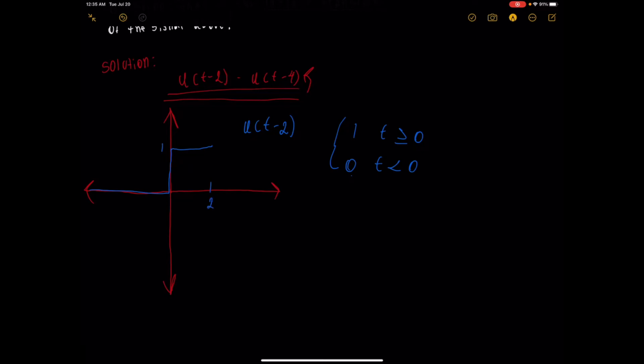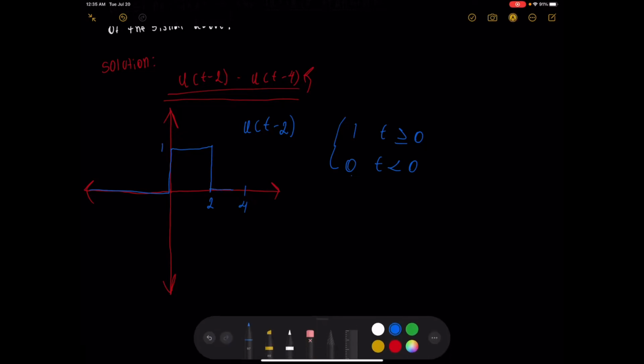So it hits 2, and then over here we have that it hits 4. So for u of t minus 4, actually, so what we have here is this, and let me switch colors. And for u of t minus 4, what we have is this.